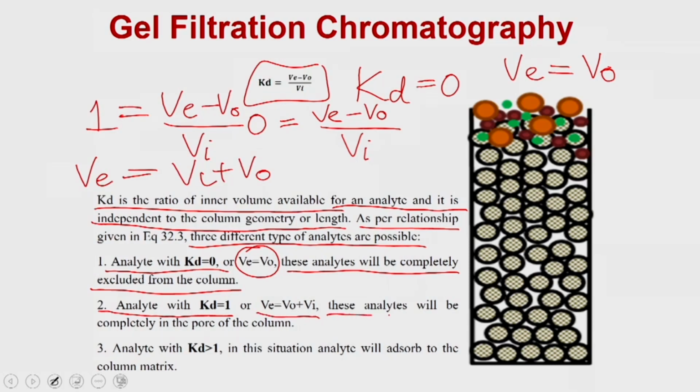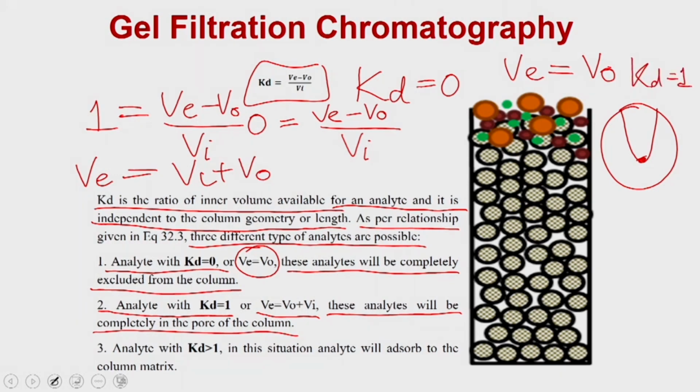This means these analytes will be completely in the pore of the beads. If you see the beads, the molecules which are sitting at the innermost area of the beads are going to give you a Kd value which is 1.